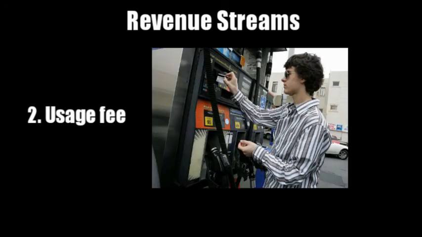The second one is usage fee. It's like you pay as you use it or pay as you view it. Some people are using something and they pay for it, kind of looking like rent, but not really. There is an ongoing cost per use.